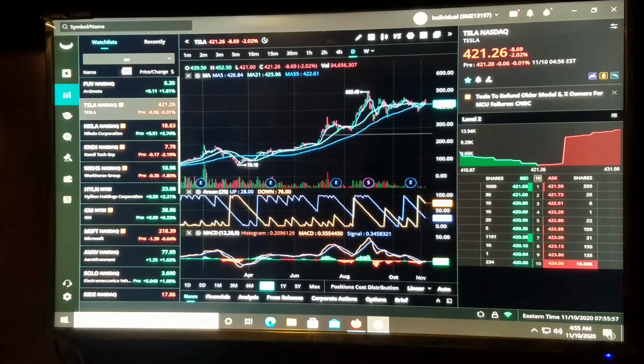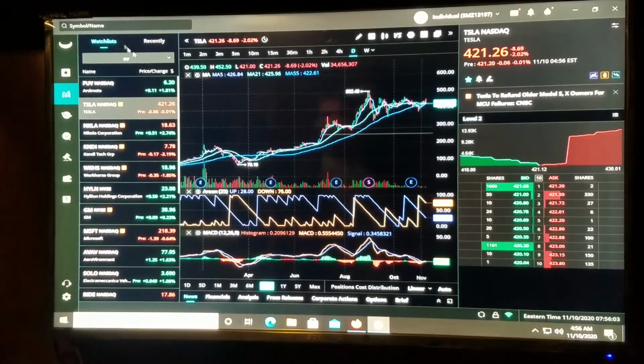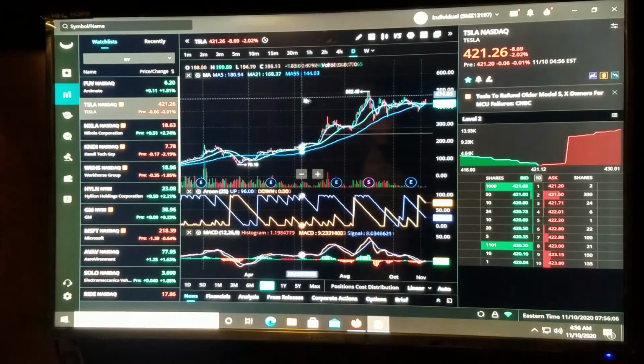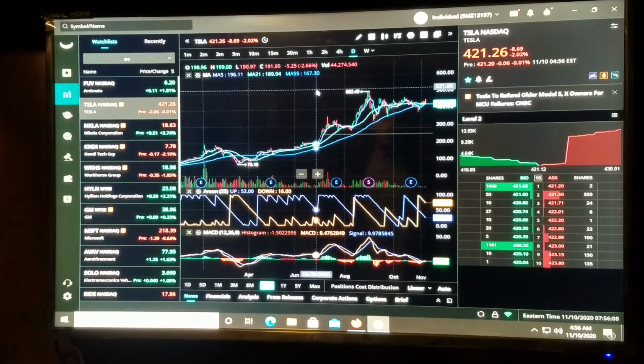And see, this is why I left Webull. I mean, not because of the platform. I love the platform. They can't handle the traffic.